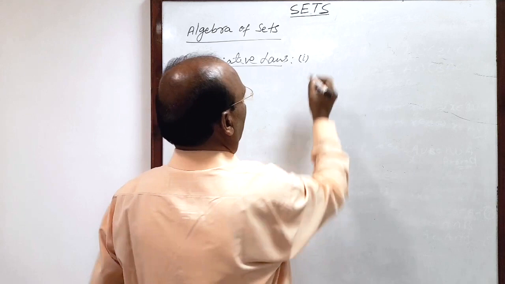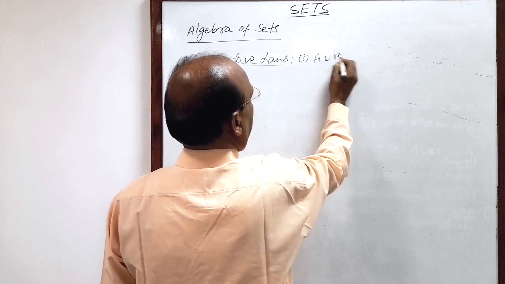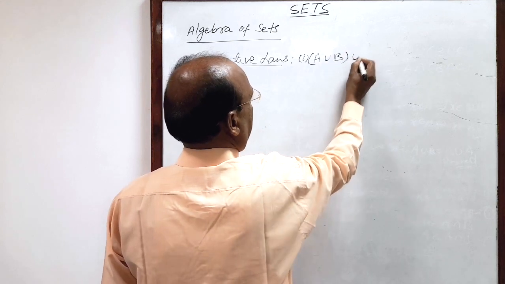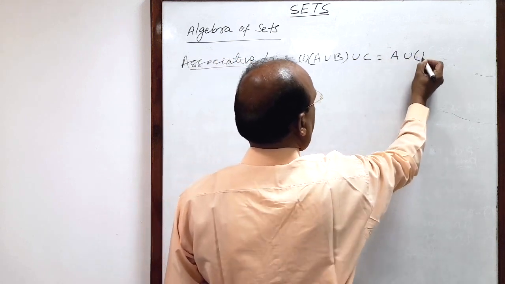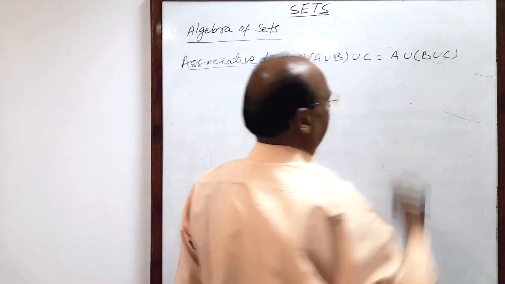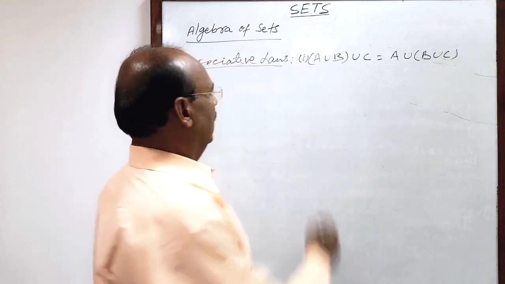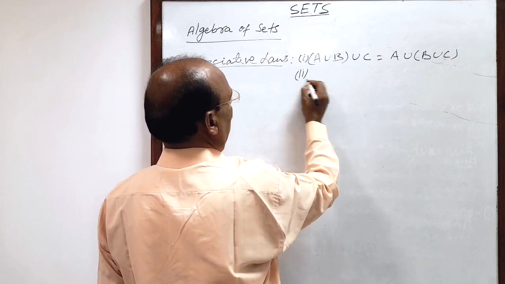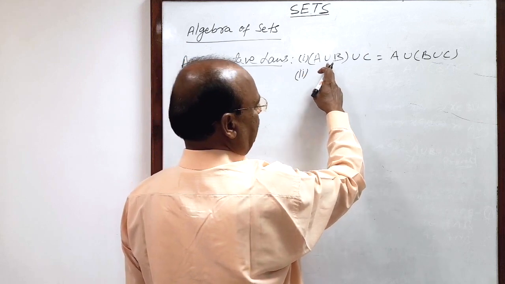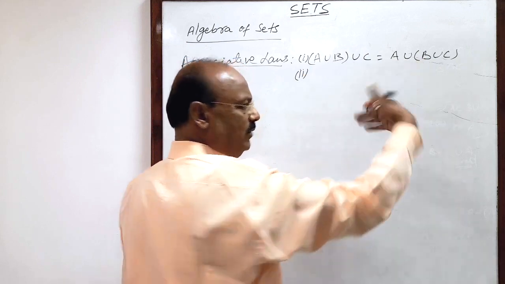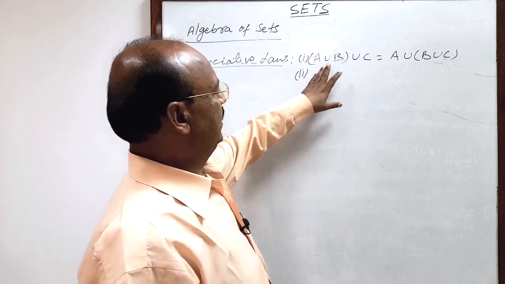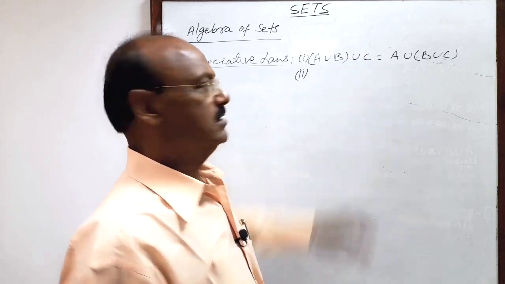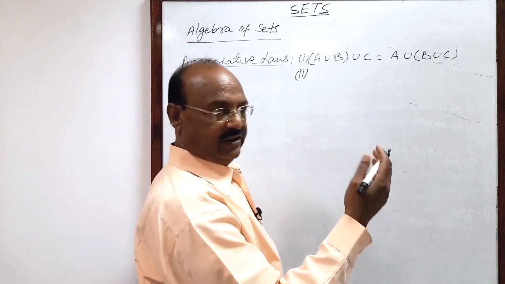First, A union (B union C) is equal to (A union B) union C. And the second law is where the union operation is replaced by intersection. So in the second law, in place of union we will write intersection, so you can remember it easily.